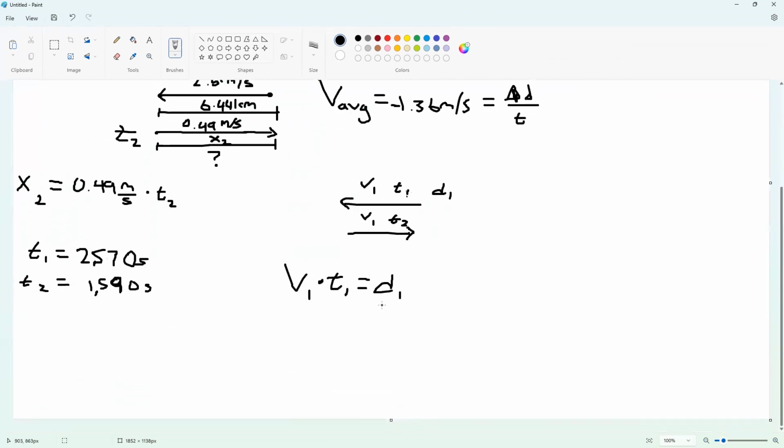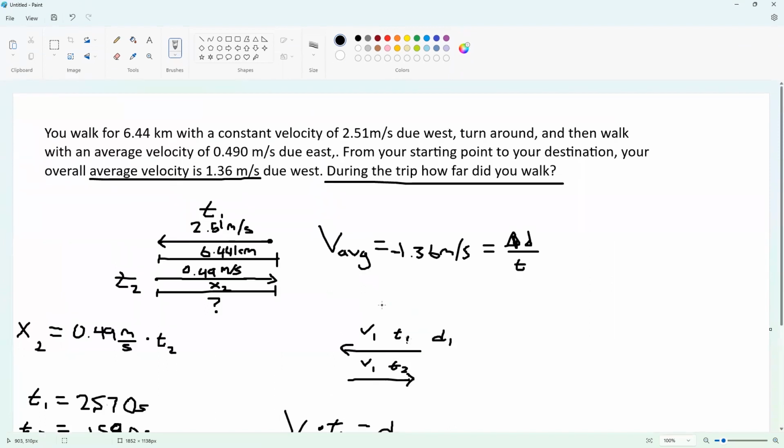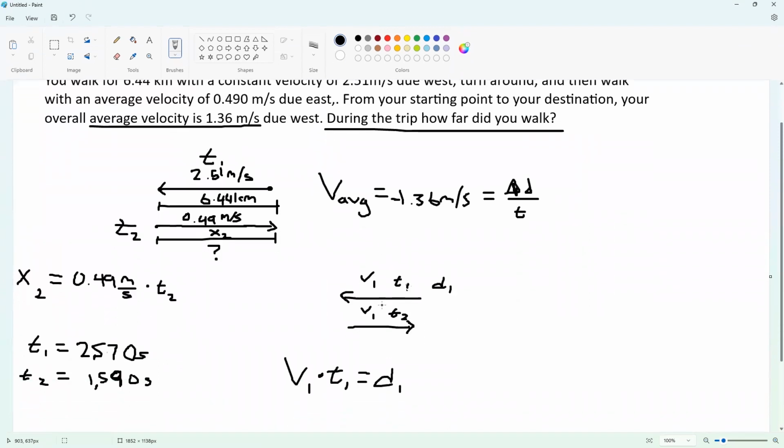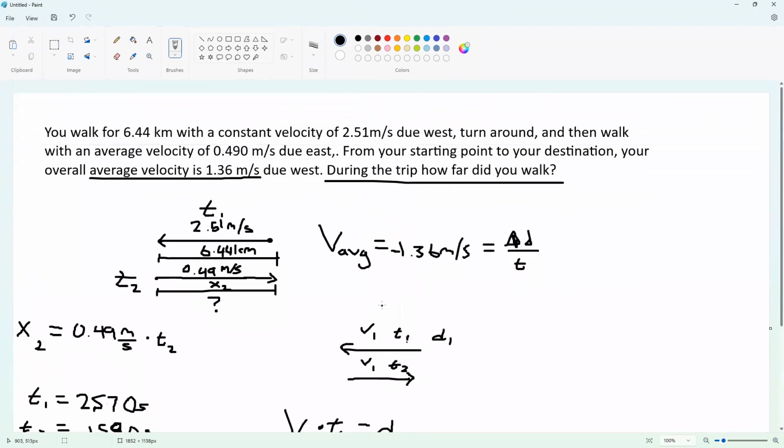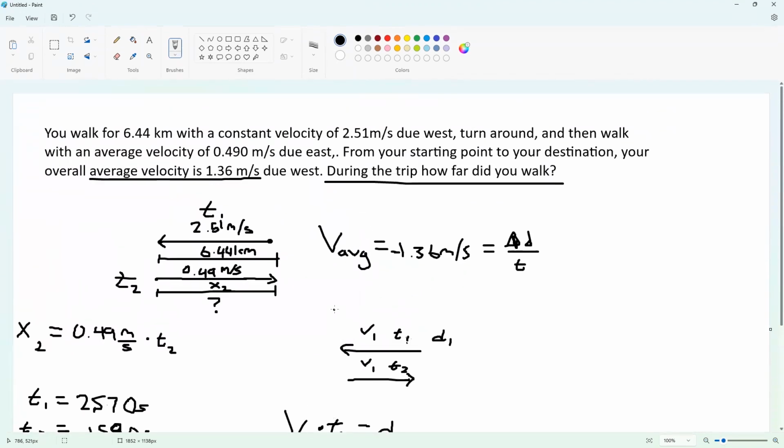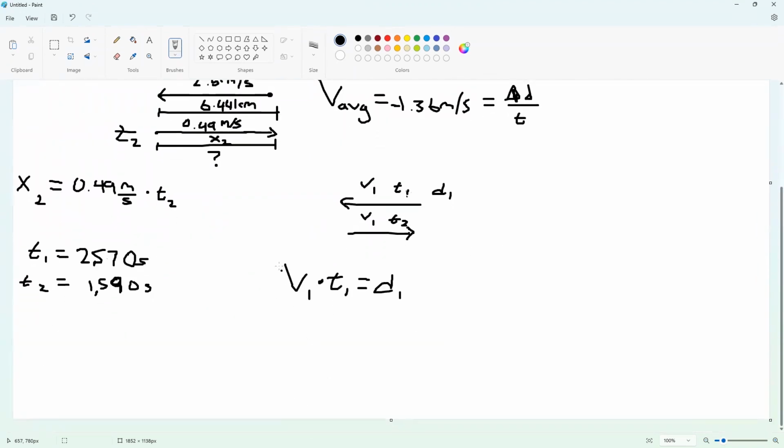Do not be adding negative distances to find total. Correct. So we have V1, T1, take the absolute value of that. And V2 times T2, absolute value of that. And the total distance is just going to be equal to the sum of the two.